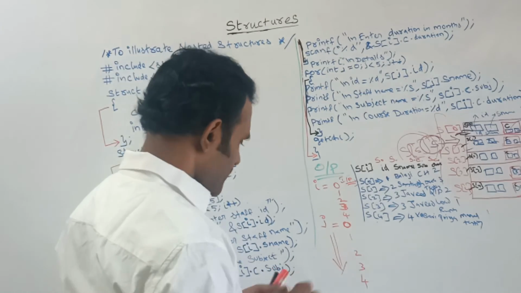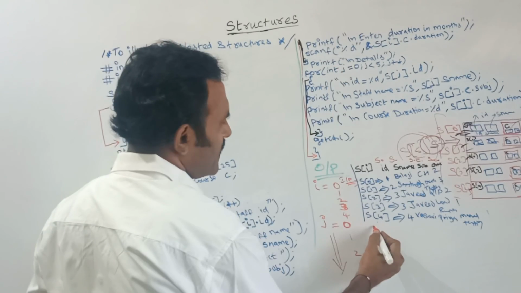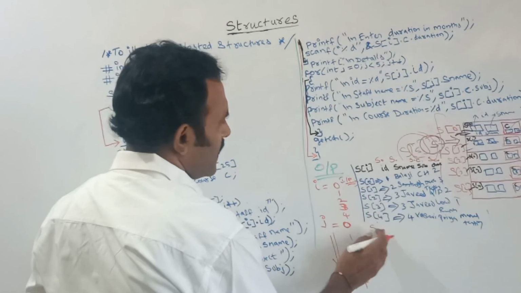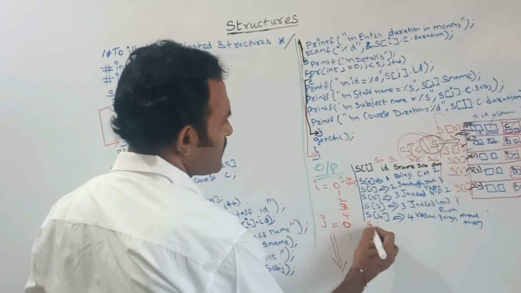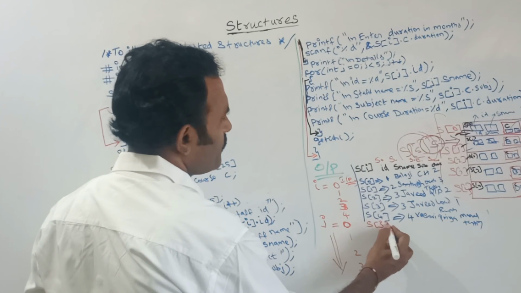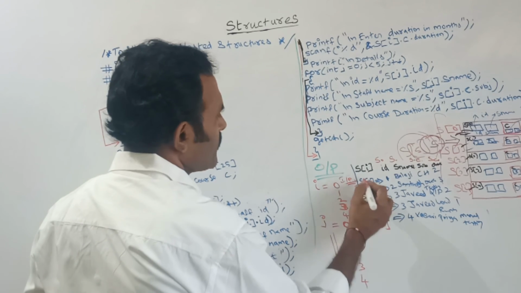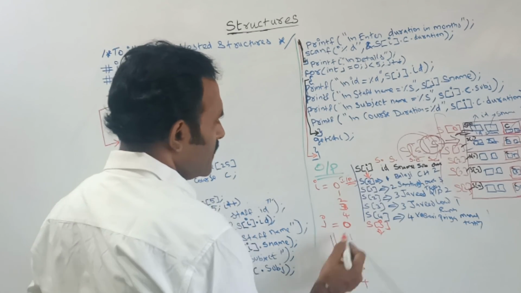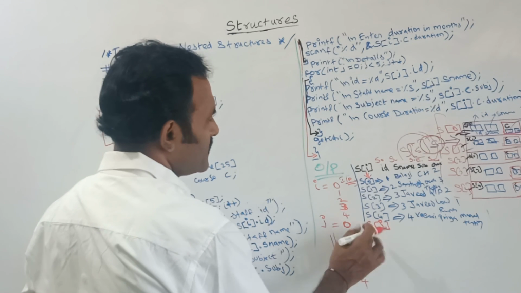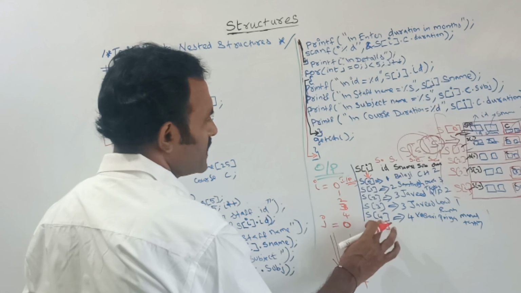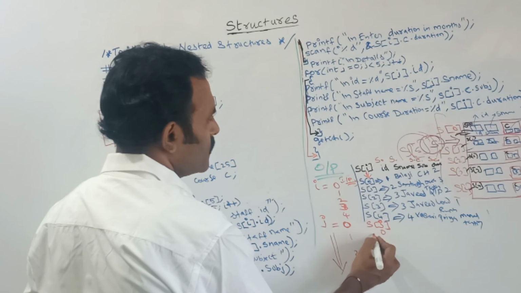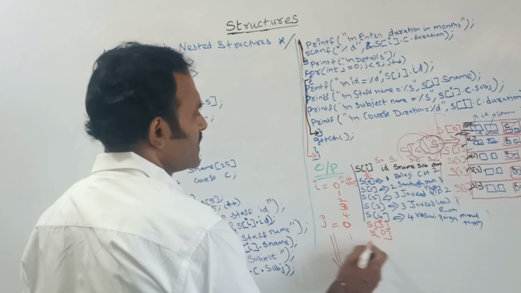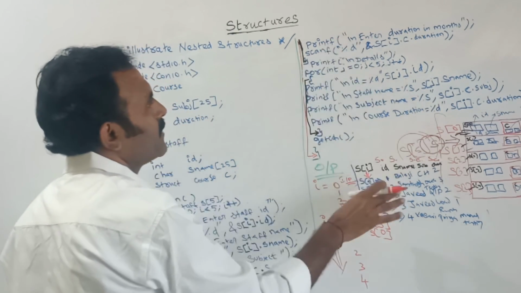So see, for the first location, I am telling it to print s of jth value. Here I am using j. For the first iteration, s of j will be how much? 0. So s of 0th position, whatever data is there, will be displayed line by line.